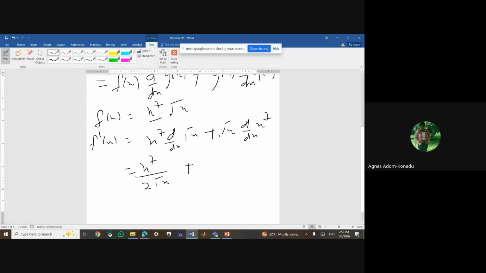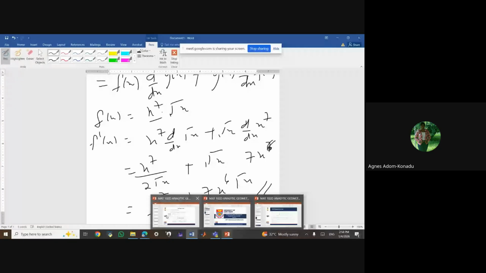Then plus, I keep root x times the derivative of x to the power 7, which is 7 x to the power 6. So this is the same as x to the power 7 over 2 root x plus 7 x to the power 6 root x. So that's what you're supposed to get. So let's look at the examples that I have here.